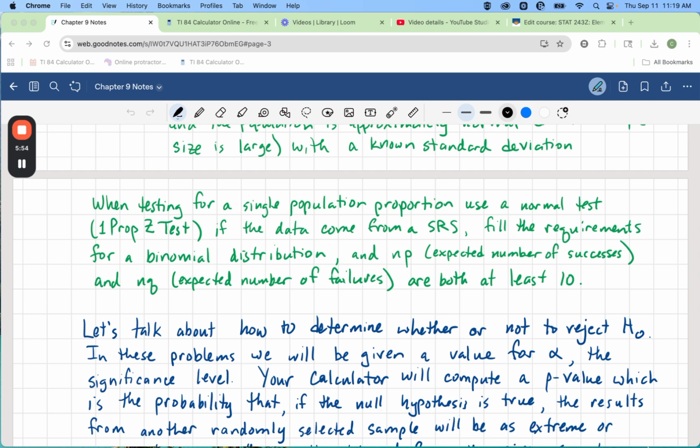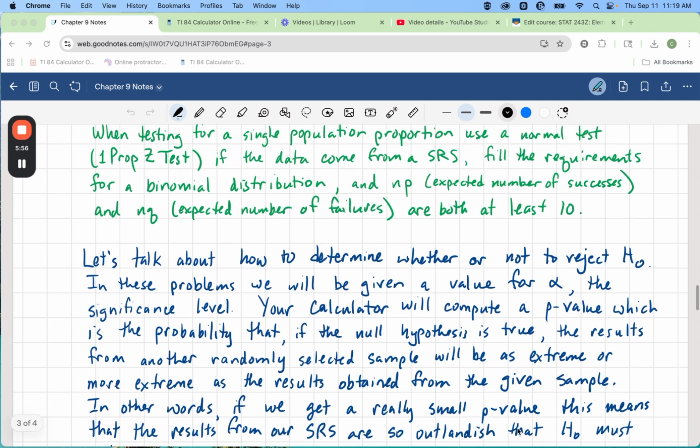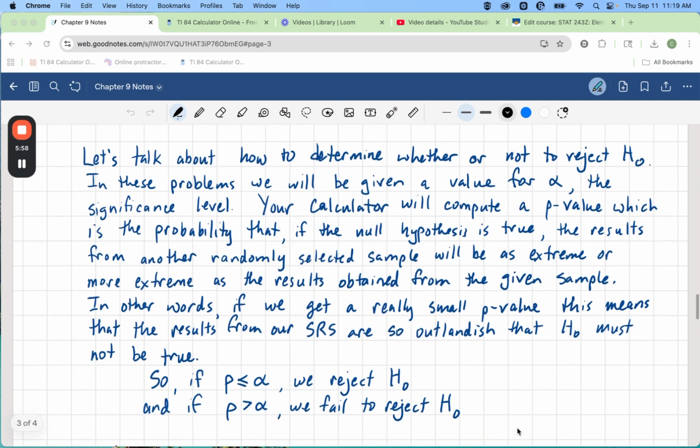If those aren't at least 10, there's really not enough data. Okay? So let's talk about how to determine whether or not to reject H0. In these problems, you're going to be given a value for alpha, the significance level. Your calculator is going to compute a p-value, which is the probability that, if the null hypothesis is true, the results from another randomly selected sample will be as extreme or more extreme than the results obtained from the given sample.